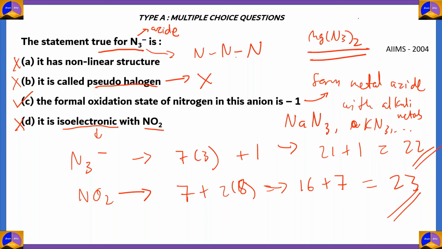So therefore, we can see that among the alkali metals, sodium has +1, so the total formal oxidation state of the azide has to be -1. So therefore, option C, formal oxidation state of nitrogen in this anion is -1, is the right option.